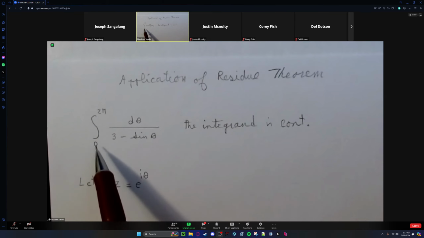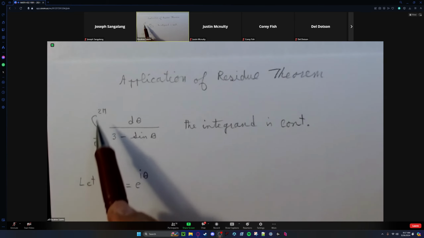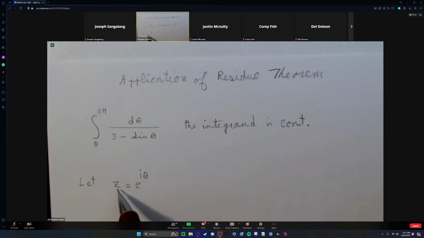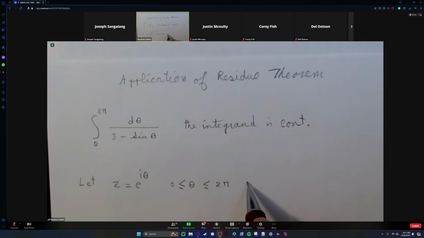When theta goes from 0 to 2 pi, this covers all unit circle, all right? Theta goes from 0 to 2 pi. We get unit circle.